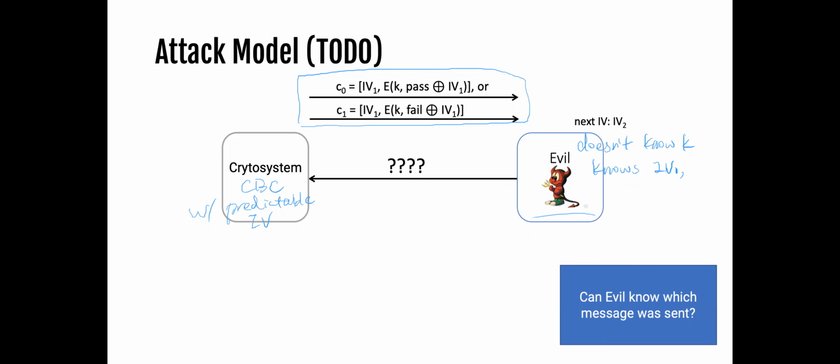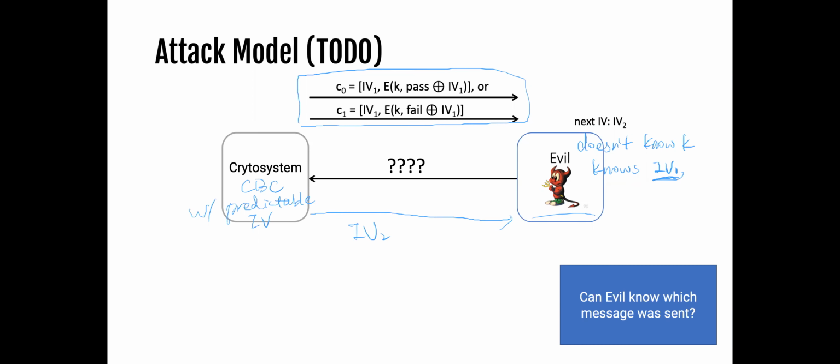Now the question for you is that suppose that, given IV1, Evil knows that the next message the crypto system is going to send to Evil or anyone else is going to use IV2. Like, this is a known initial vector.